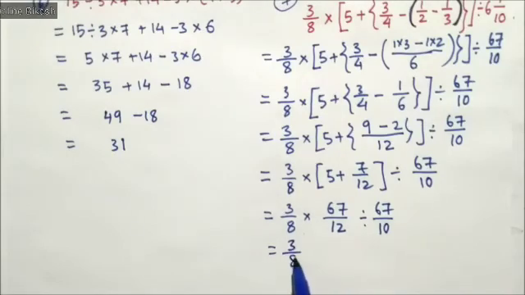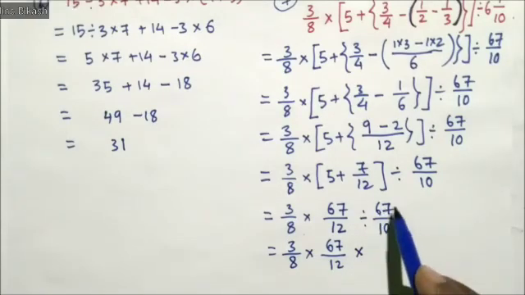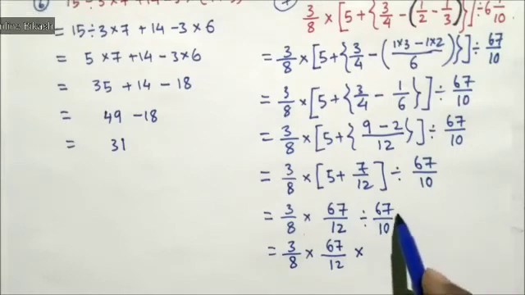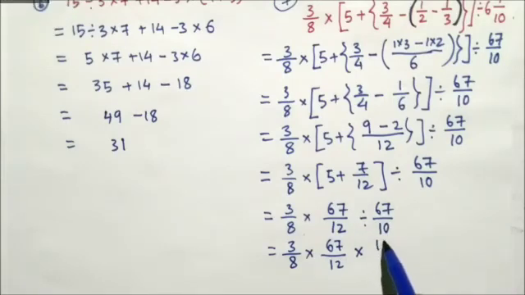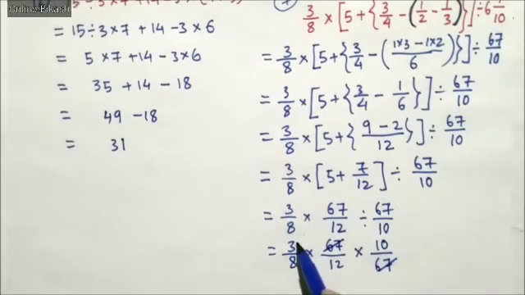Now as I have told you how we can divide fractions, just change the division sign into multiplication, and write down the reciprocal of the divisor. That means the 10 will go up and 67 will be here, right? So in this way 67 and 67 will be eliminated, and 3 4s are 12, right?